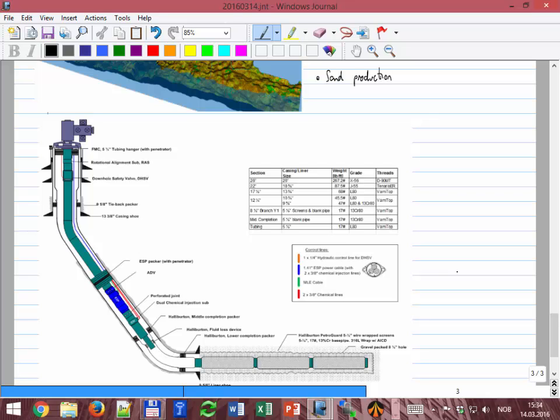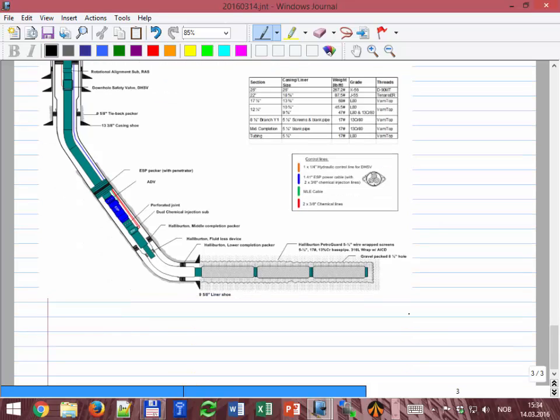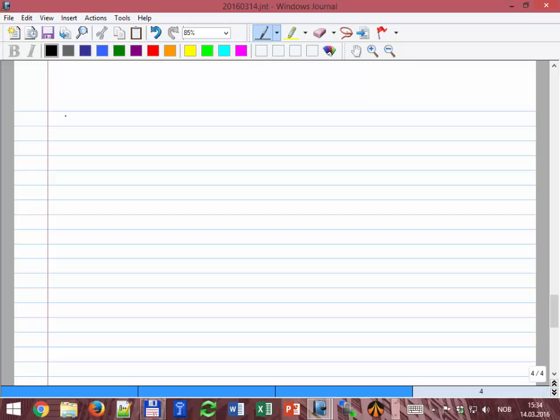And basically for ESP lifted wells, there are two ways to operate.